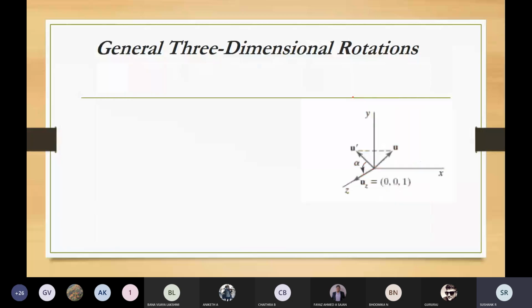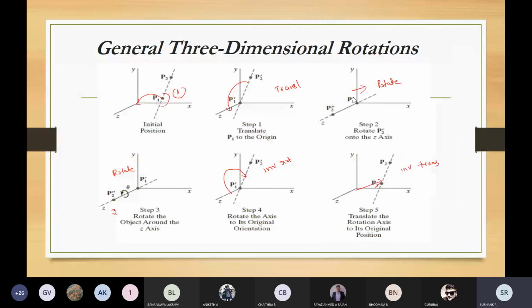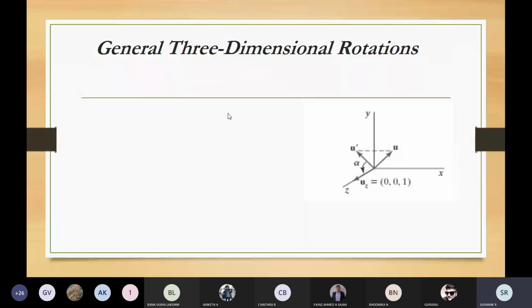So now how do we calculate this rotation? The second step was to perform the rotation onto the z axis. In this example, you are bringing this p2 dash along the z-axis. You are performing the rotation along the z-axis.